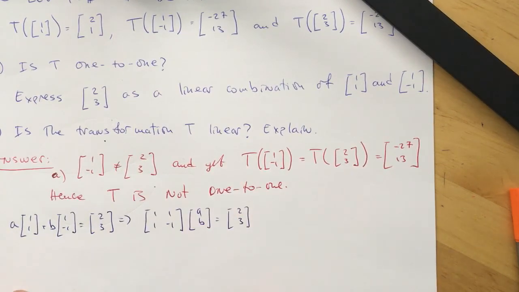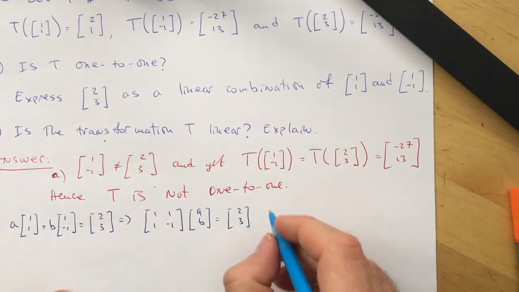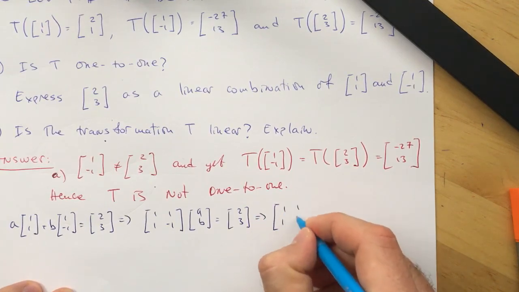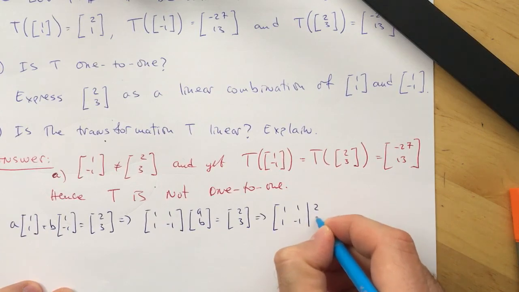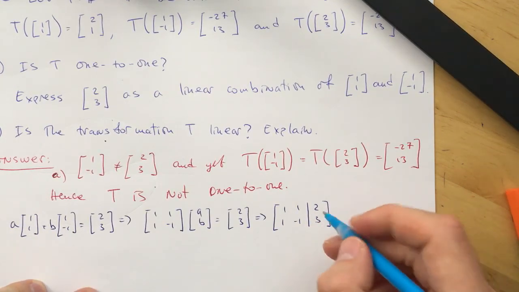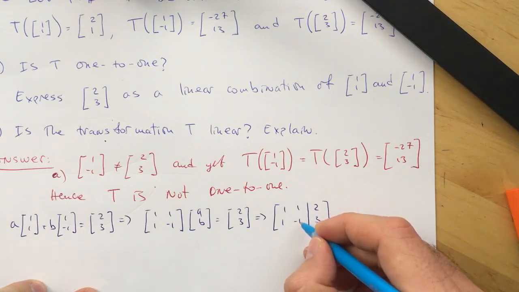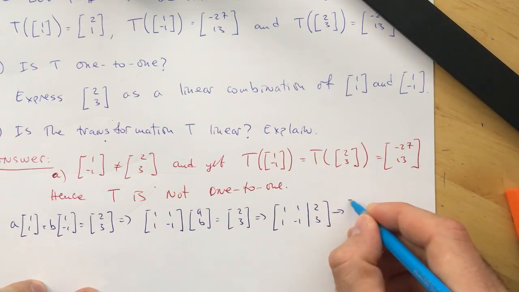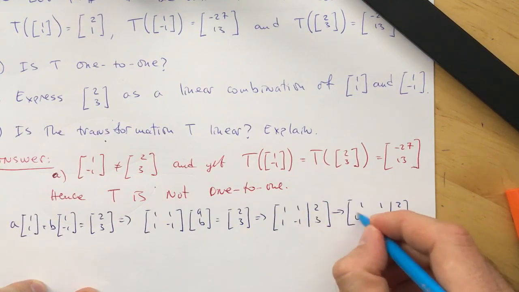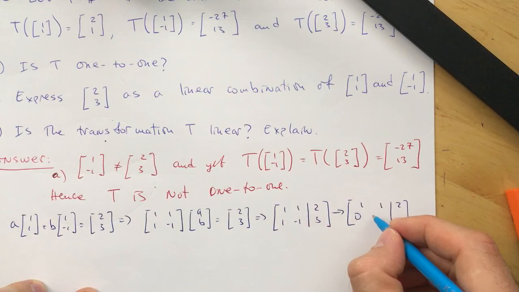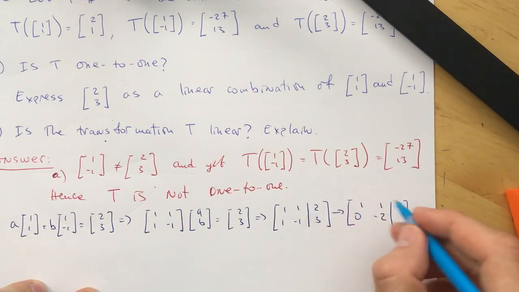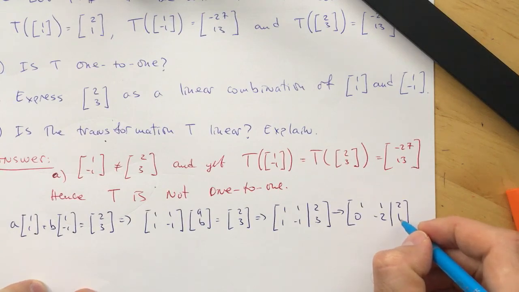And how do we solve this matrix equation? Well, we solve the system 1, 1, 1, negative 1, 2, 3, which if you subtract row 1 from row 2, you get 1, 1, 2 here. 1 minus 1 is 0, negative 1 minus 1 is negative 2, 3 minus 2 is 1, right?